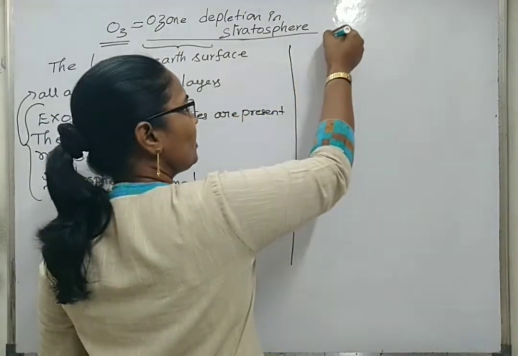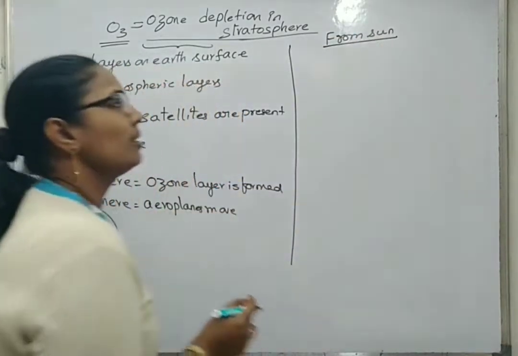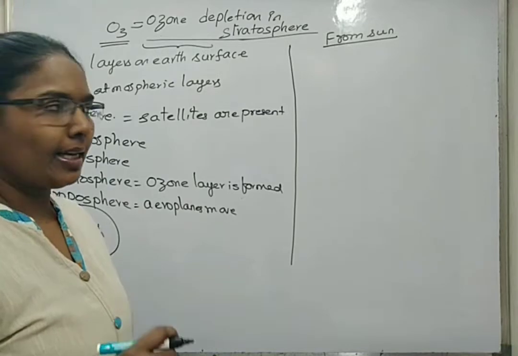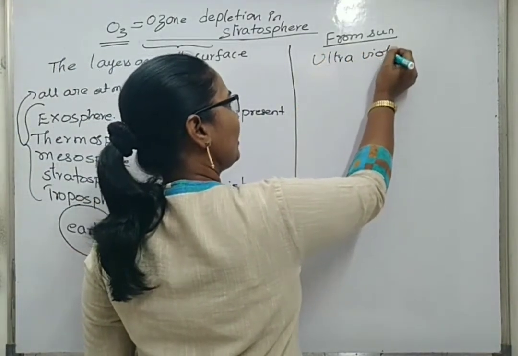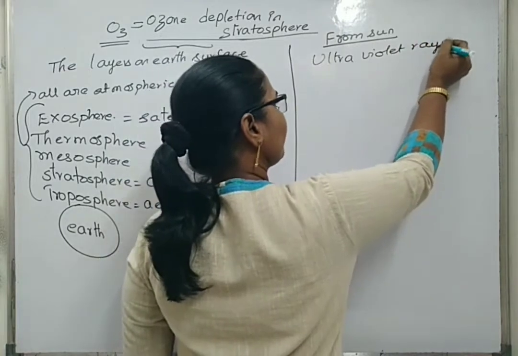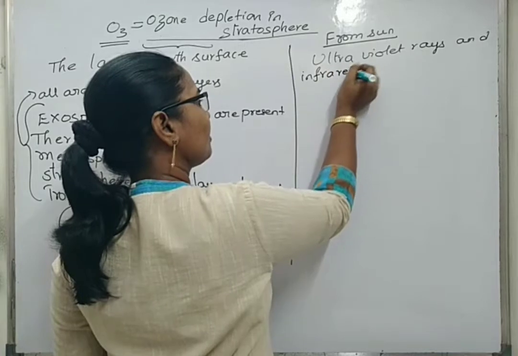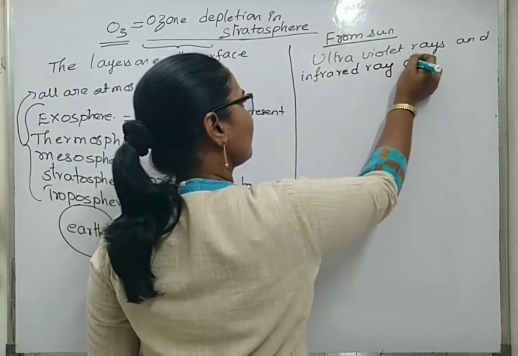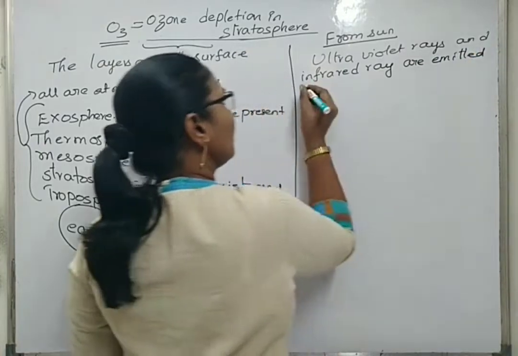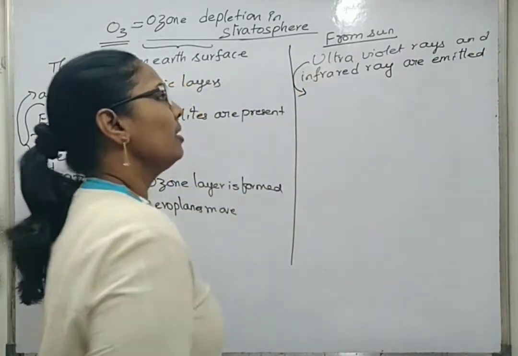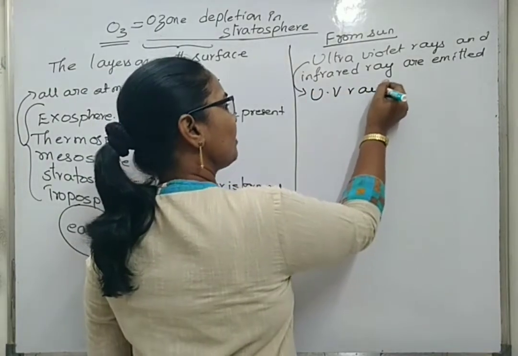Next, from the sun, ultraviolet rays and infrared rays are emitted. Ultraviolet rays we commonly write as UV rays.